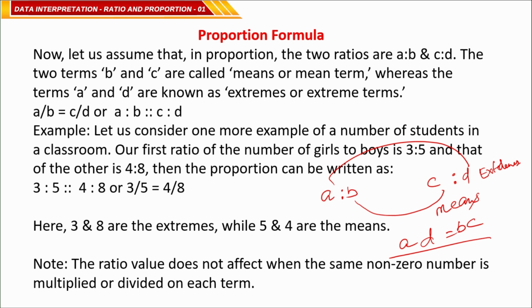in proportion. For example, take the number of students in a classroom: the ratio of number of girls to boys is 3:5 and the other is 4:8. We can write it as 3:5 is as 4:8, correct.